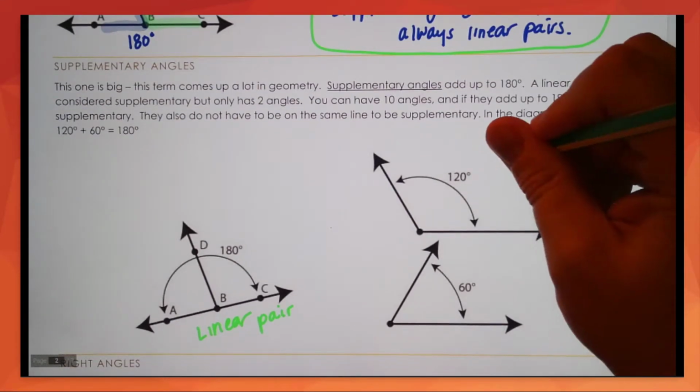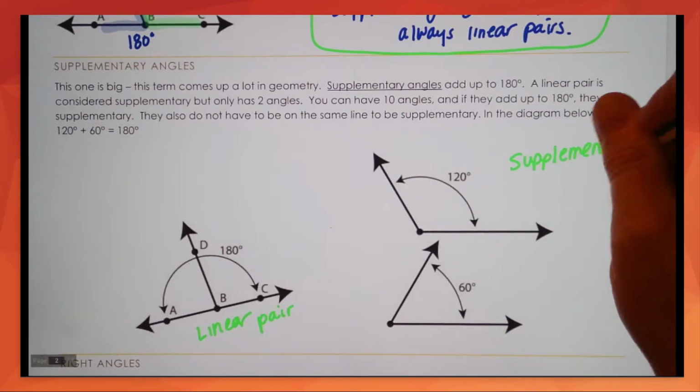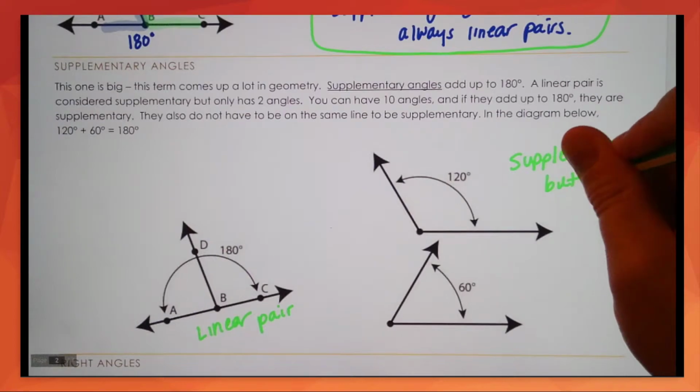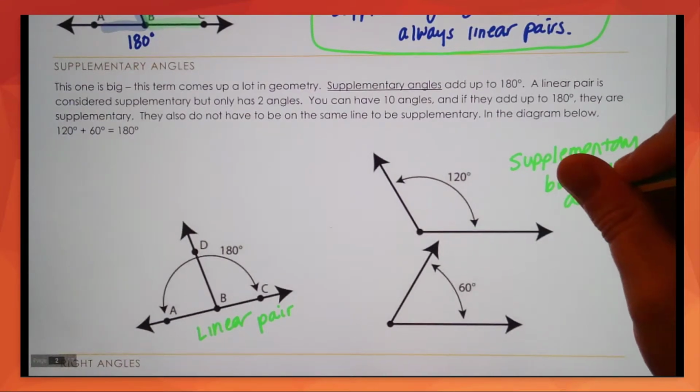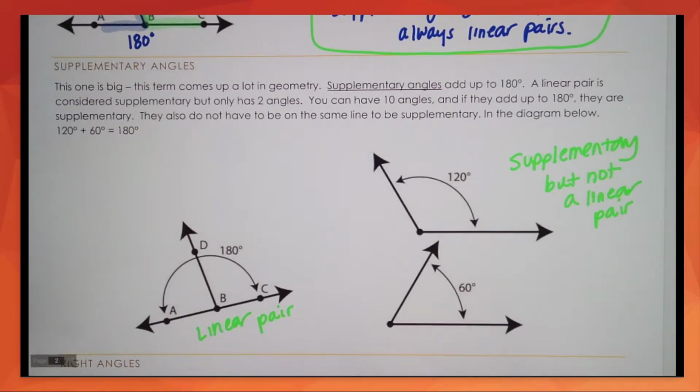So this is supplementary, but not a linear pair. At least in the way it's drawn, it's not a linear pair, right?